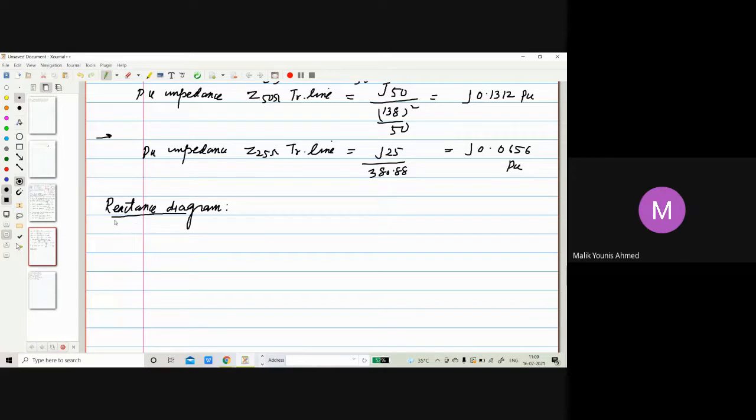The reactance diagram is very simple. Generators will be represented by reactance and voltage sources. So I will draw that. This is the outline first, and then we can draw it properly.